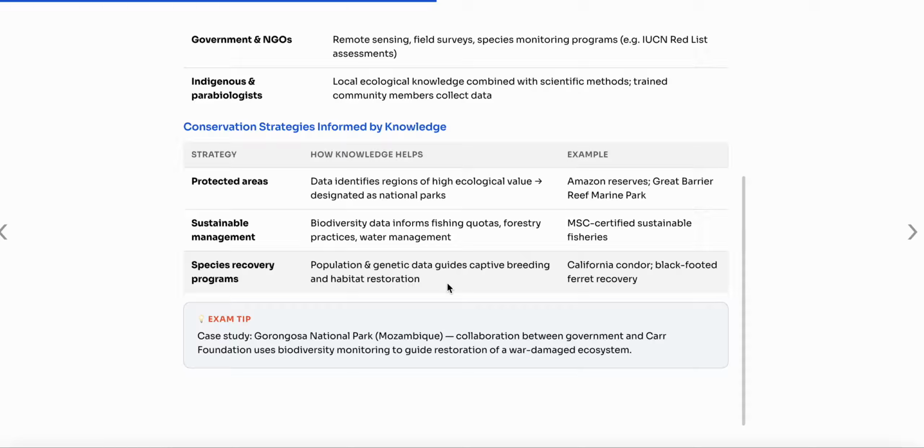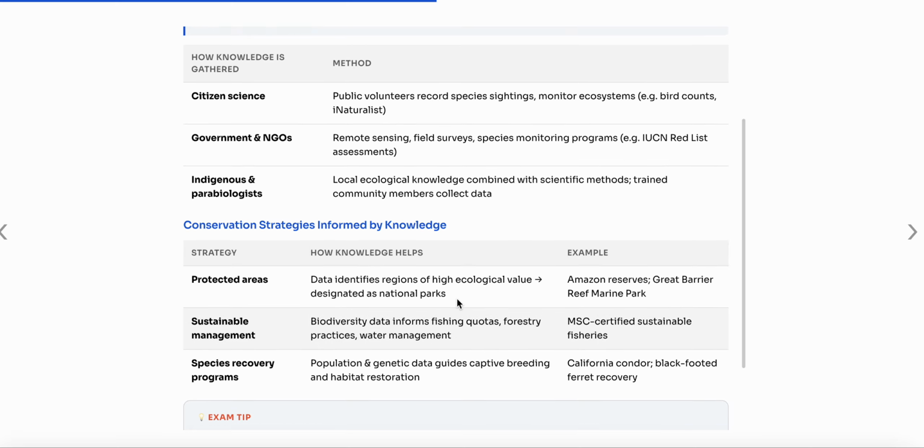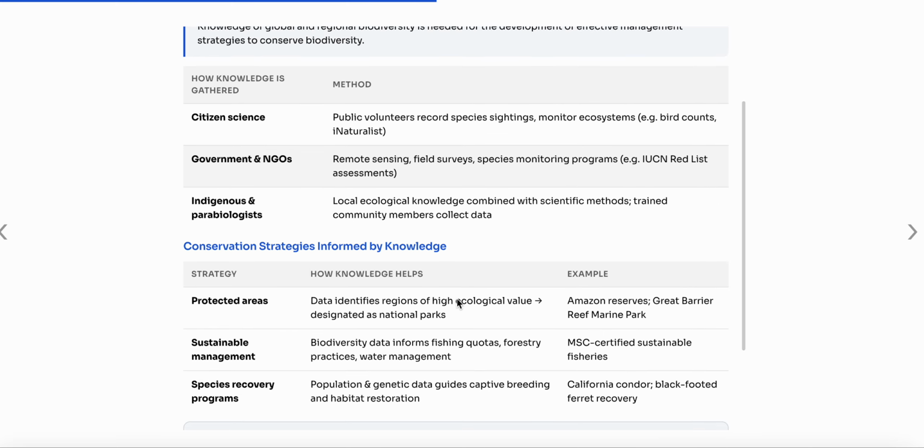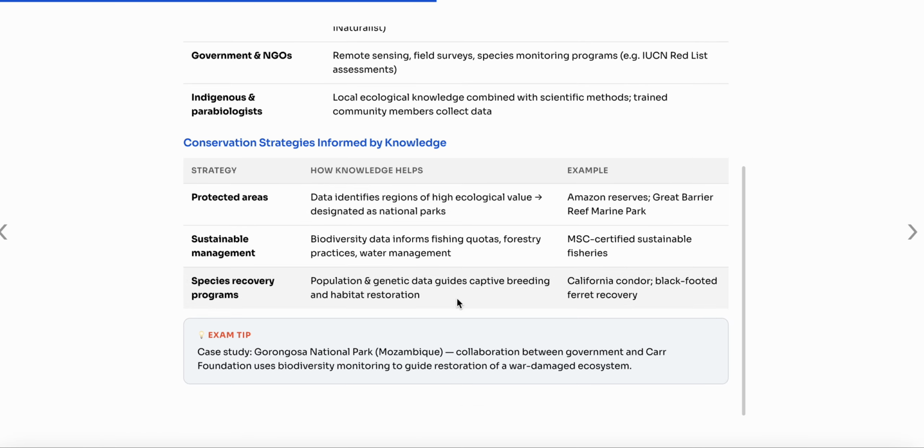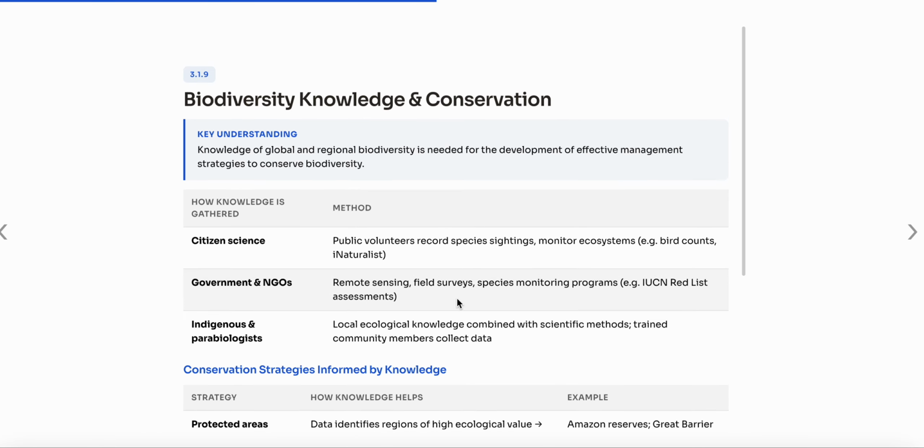And then we have species recovery programs, where population and genetic data guide captive breeding and habitat restoration. Examples are the California condor and black-footed ferret recovery. So there are many conservation methods which we are using to increase the population of species.